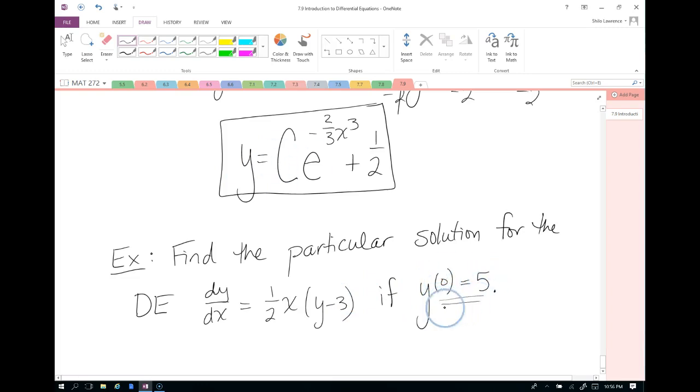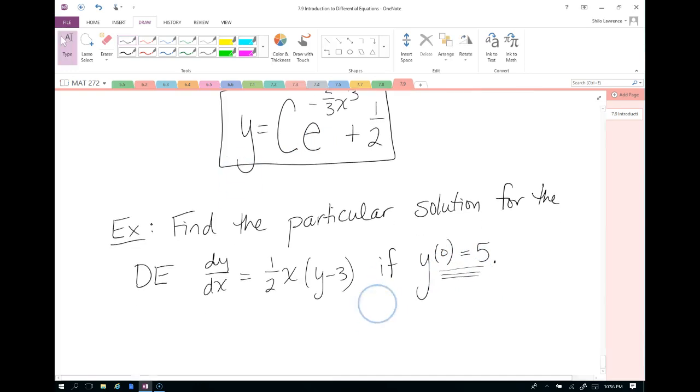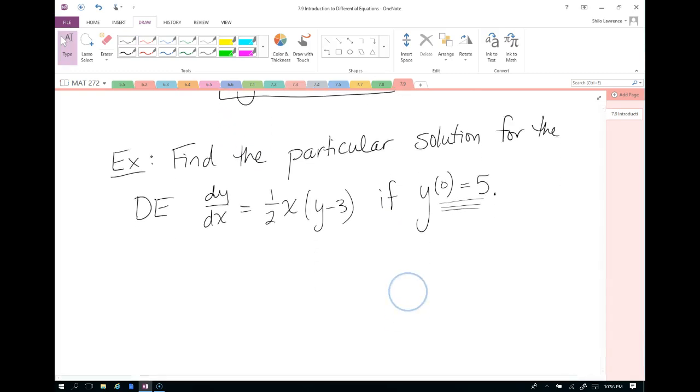So now I know some information about my original function, and we can use that at the very end to solve for the c. We're going to start the problem off exactly the same way. We always have to get a general solution first. So don't worry about this until the end.